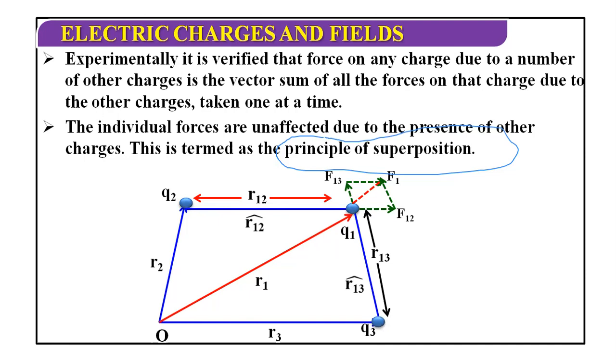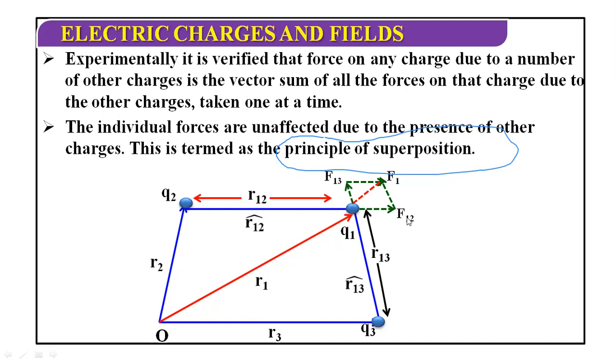So we will find very easily. Now first we will find force on 1 due to Q2. So force on 1 due to Q2, it is F12 and it is in the right side. Q2 is repelling Q1 by a force F12. So this is F12 in the right side. Similarly, force on 1 due to 3. So it is F13.